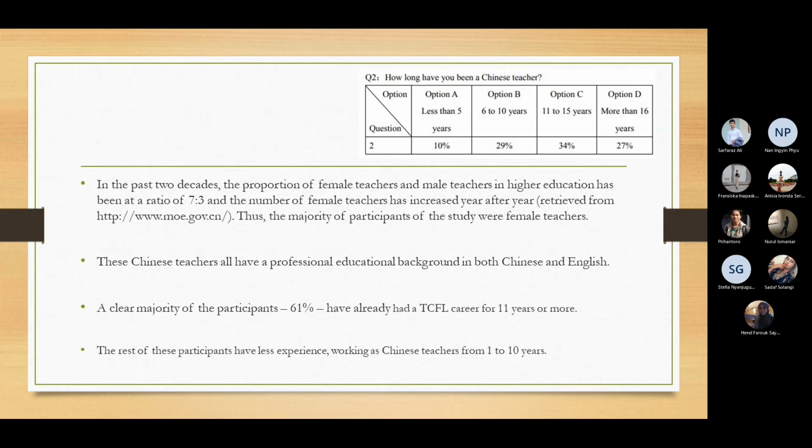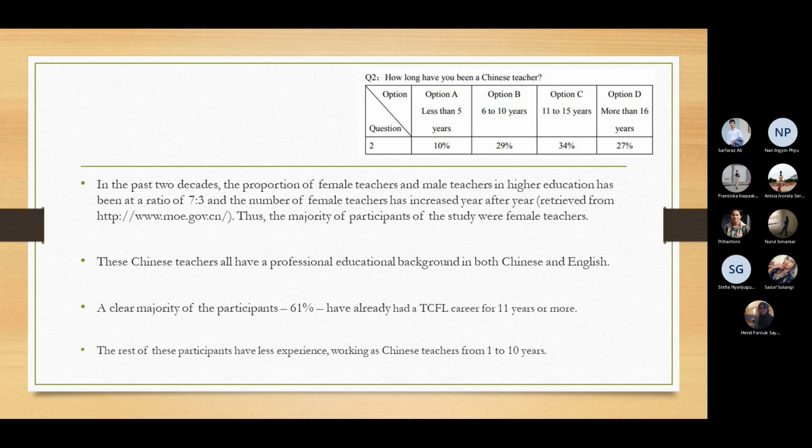Most of the teachers had been teaching for the past 2 decades, and the proportion of female teachers at the time he was conducting the survey was higher than that of males, because he also noticed, by collecting the data through the questionnaire survey, that the number of female teachers is more than male teachers. This might be because the female teachers had more experience than the male teachers. The majority of the participants included were female teachers.